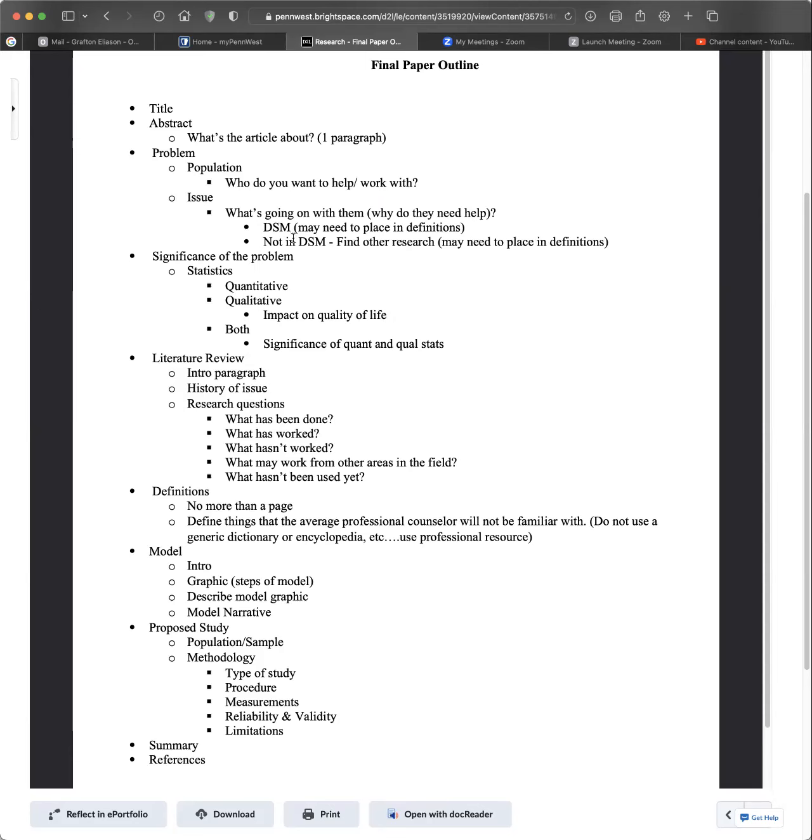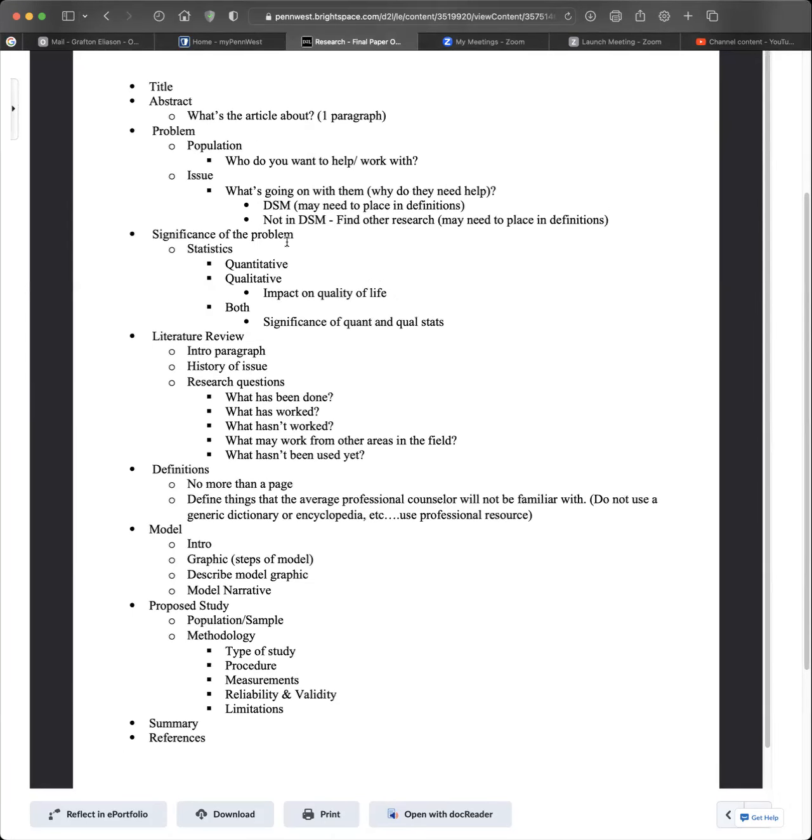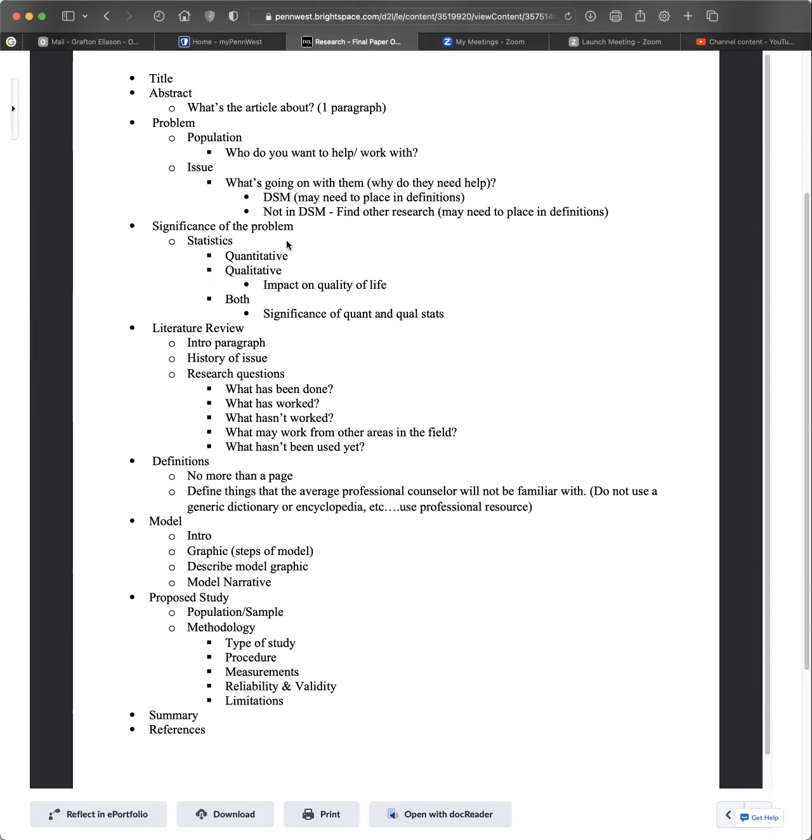You can draw something from the DSM, but don't cut and paste an entire page from the DSM, put it in your own words, or maybe quote a couple sentences. The significance of the problem, we talked about this. So we talked about the quantitative, qualitative impact on quality of life. Maybe it's both.